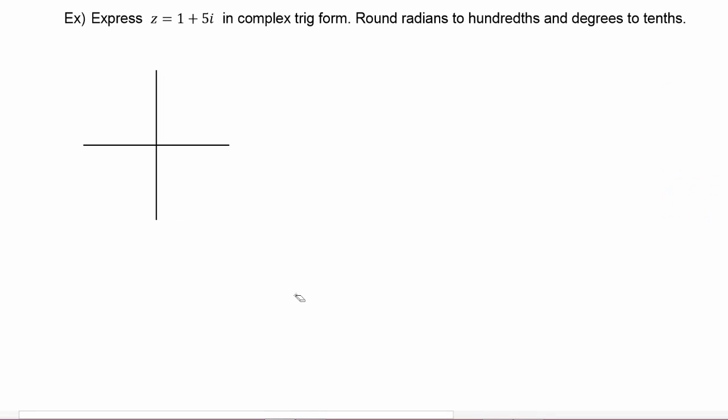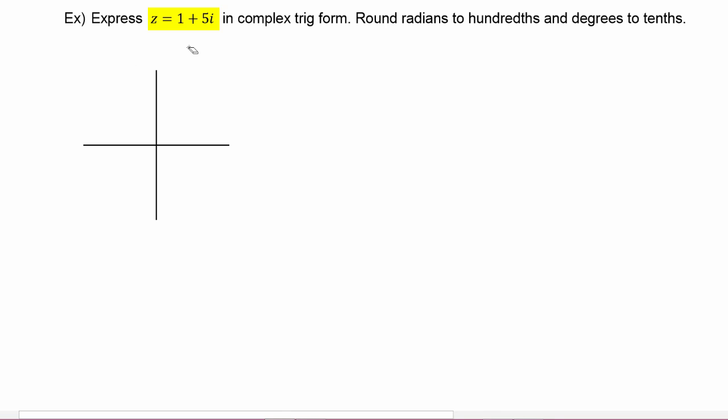In this example, we have to express z is equal to 1 plus 5i in complex trig form. We will round our radian answers to hundredths and degree answers to the tenths place. So this will be a calculator problem if you want to go ahead and get your calculators out.